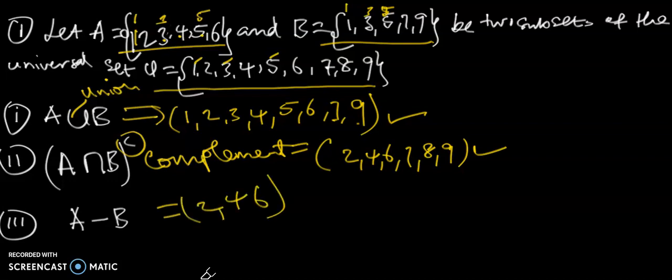We have 2 here, we don't have it in B. We have 4, we don't have it in B. We have 6, and we don't have it in B. All other elements like 1, 3, 5 are in B. So this is what we call A difference B. And this is A intersection B complement, and this is A union B.